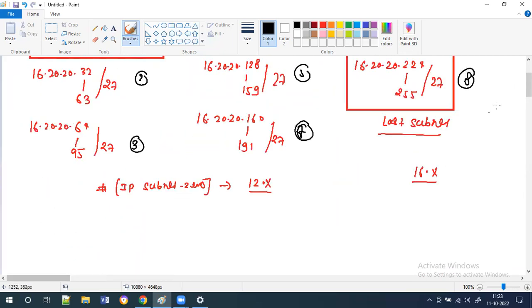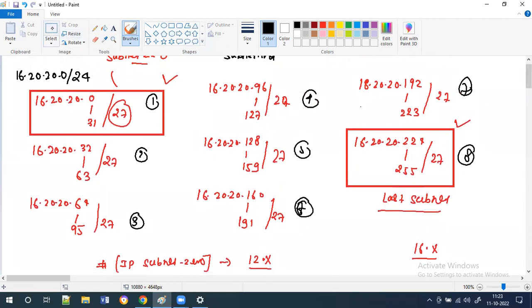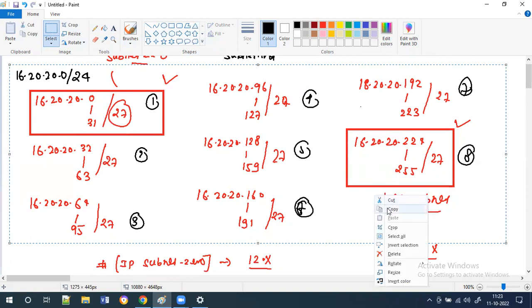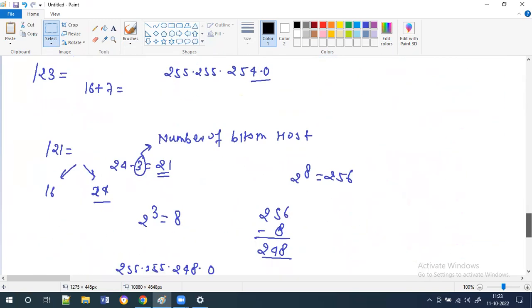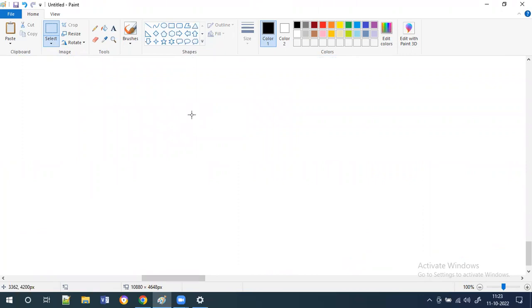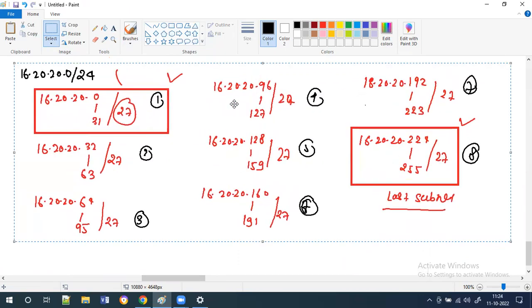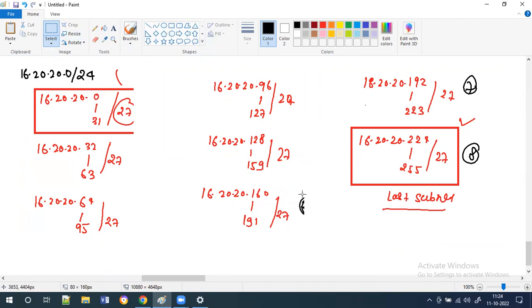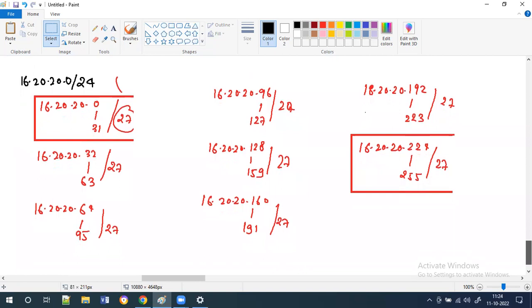So what I'm going to do here, okay, let's pick the first subnet.